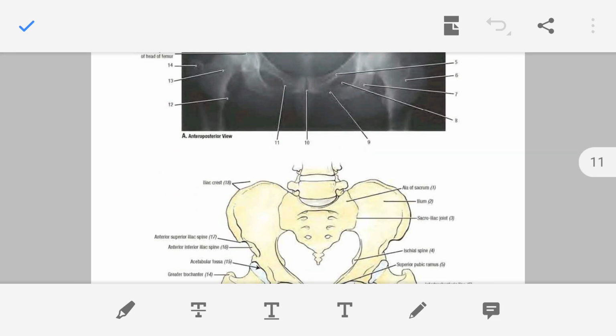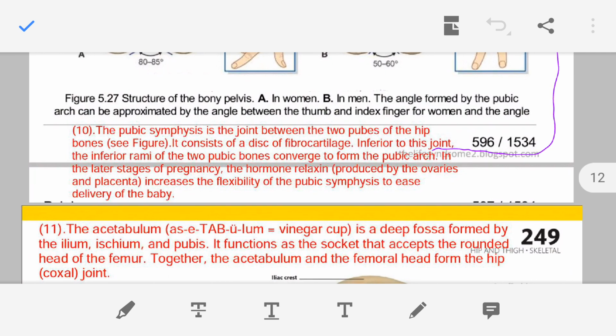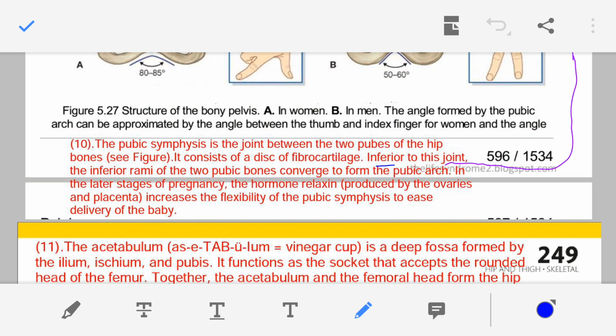Now inferior to the pubic symphysis, inferior to this joint, the inferior rami of the two pubic bones converge to form the pubic arch.